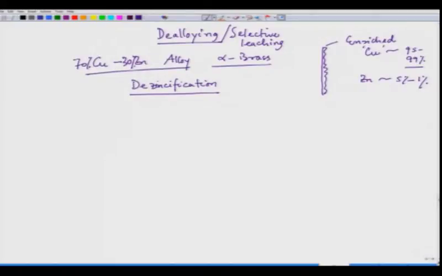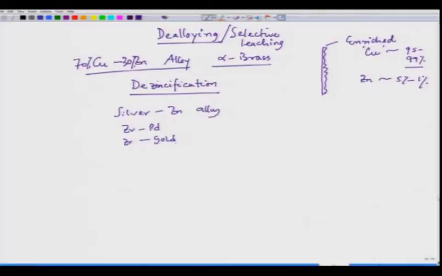So, this de-alloying can be observed in many other situations, like silver zinc, like zirconium palladium alloy, like zirconium gold alloy.